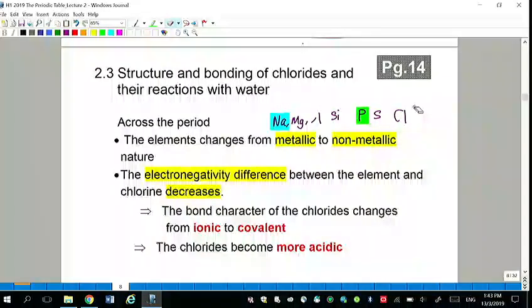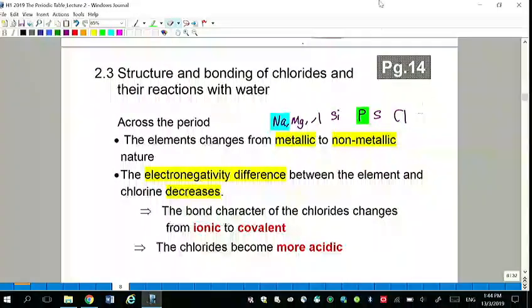Here I need you to understand that when we say a specific type of bonding is ionic or covalent, that is what we learn in O level. When we come to A level, ionic is one end of the spectrum, covalent is the other end of the spectrum. So usually the type of bonding lies in between covalent and ionic bonding.